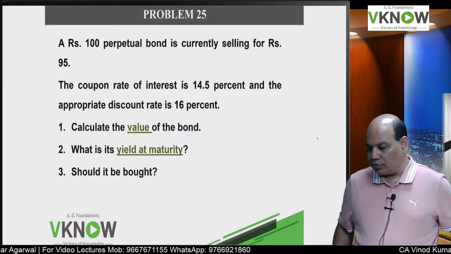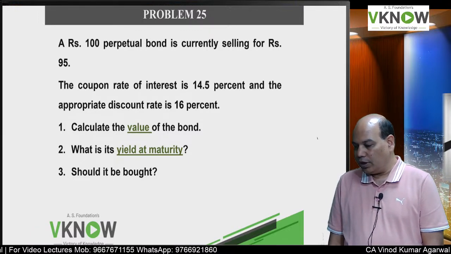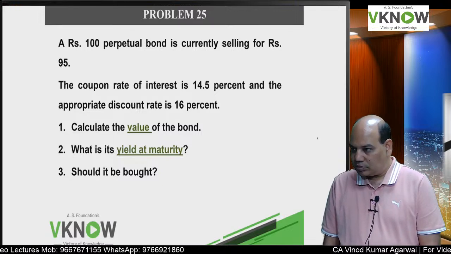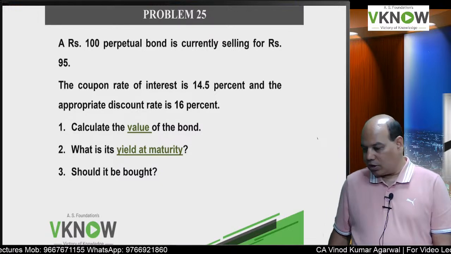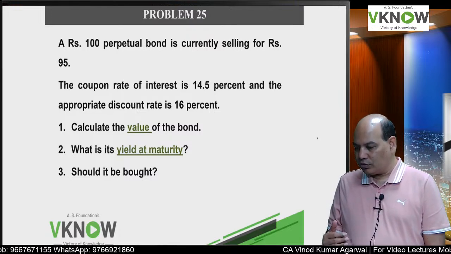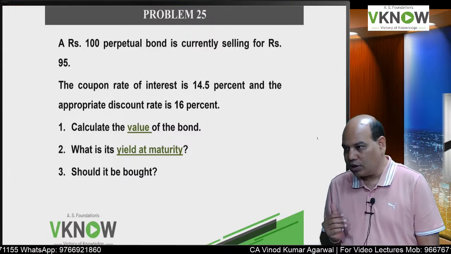And the third question is whether it should be bought. If the YTM is more than 16%, I'll buy it. Or if the current market price is less than intrinsic value, then also I can buy.